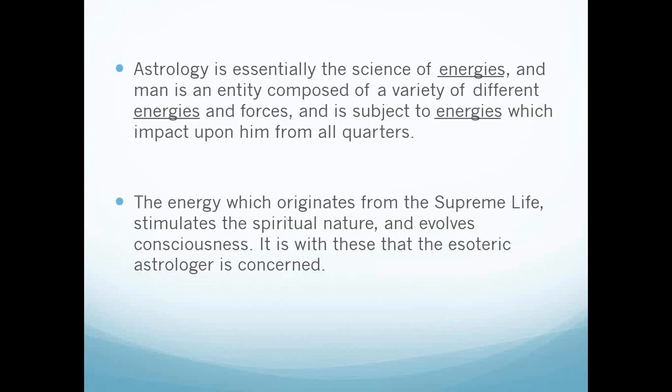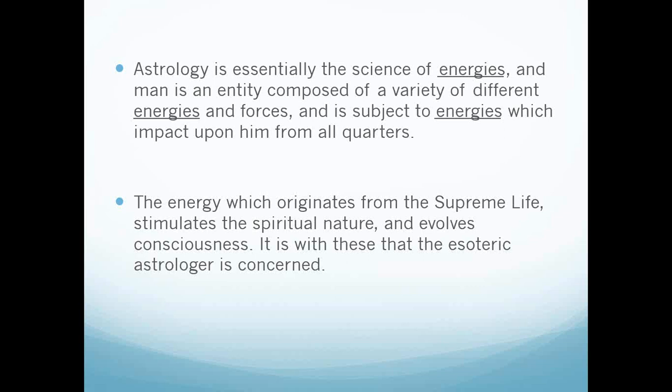Well, likewise, all these planets and signs, they give off energy, and we are influenced by the energies that they give off. Of course, some of us are more sensitive to these energies and are more highly influenced and more conscious of them than other people are. It all depends on where we're at on the point of evolution.